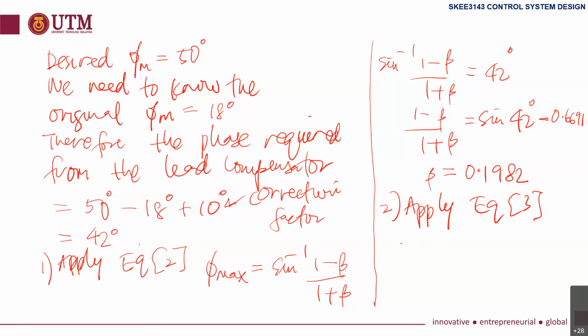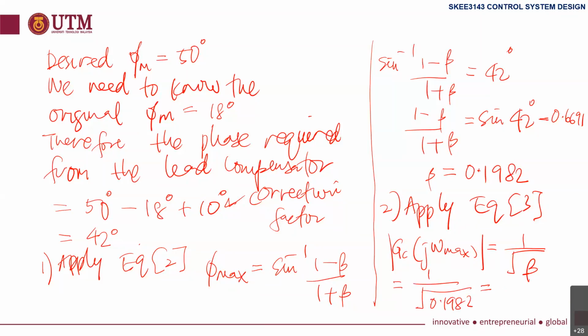So the magnitude of Gc(j omega max) is 1 over square root of beta. This is the magnitude at omega maximum. We apply by substituting the value, 1 over square root of 0.1982. If you solve, it is 2.246.